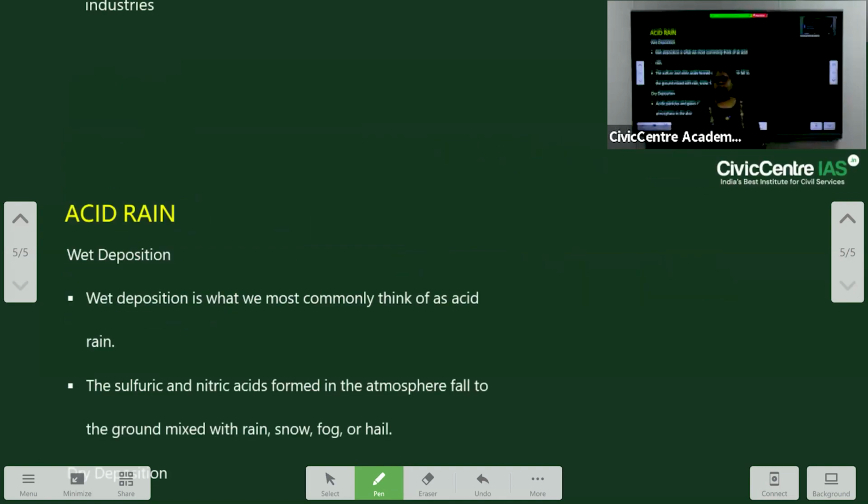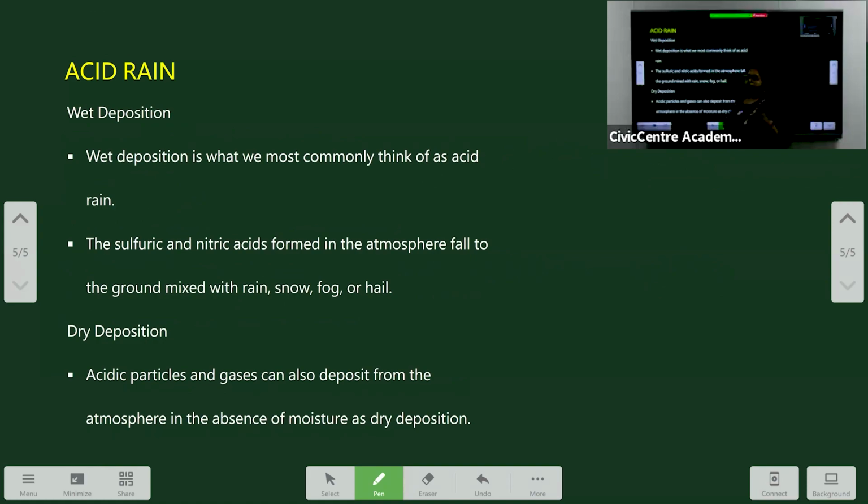So, what are the types of acid rain that we have? We have already discussed that we have wet deposition and dry deposition. Wet deposition is the process of the normal rain in which we have the sulfuric and nitric acids formed due to the pollutants like sulfur dioxide or nitrous oxides.